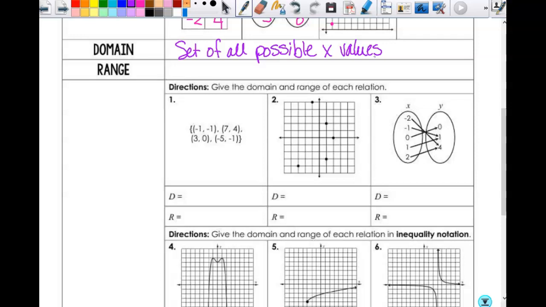Okay, how else? Independent, good. So these are the independent variables. Then range is the set of all possible y values, or what do we call these? Dependent, or that's your vertical, right? It's good to know which way to go.